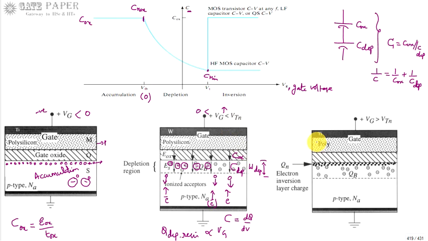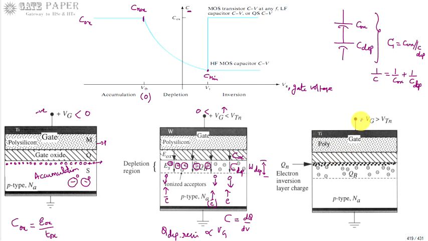And if the gate voltage is greater than the threshold voltage, what happens? If the voltage is greater than the threshold voltage, an inversion layer is formed. So above the depletion region, the inversion layer is formed. The inversion layer consists of only electrons. This is the diagram you will get.